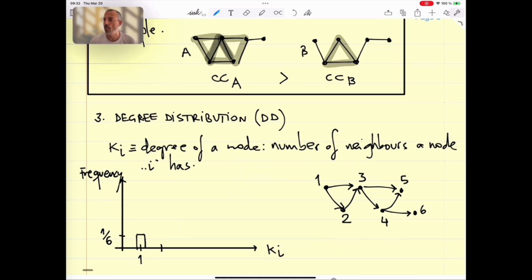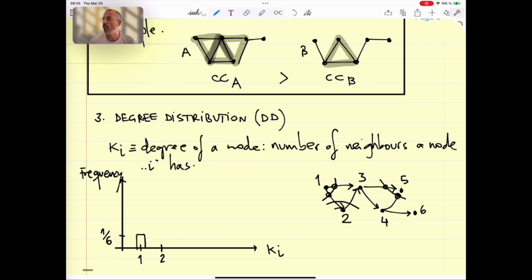Okay, how many nodes have 2 neighbors? The way I do it is I put around every node a line, okay, so I get the number of crosses through the edges, which is the degree.